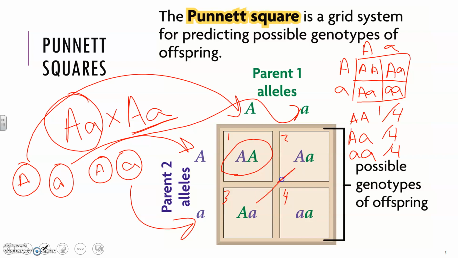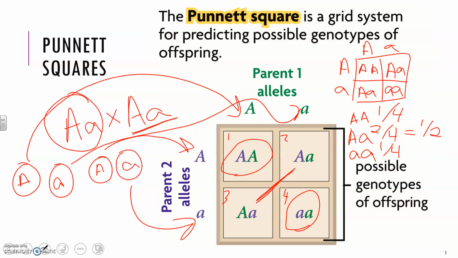We have 2 that will give us heterozygous, so that's 2/4, or reduce it down to 1/2. And then we only have 1 that will give us a homozygous recessive. So basically, you could say this is a 1 to 2 to 1 relationship of genotypes.